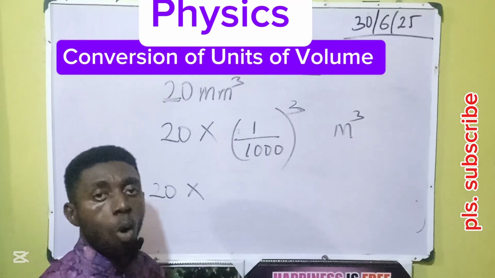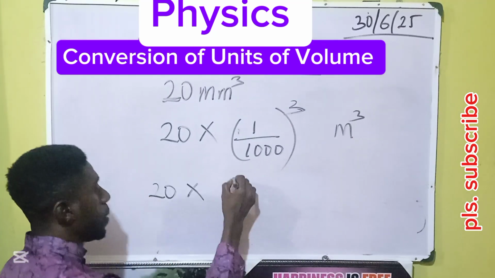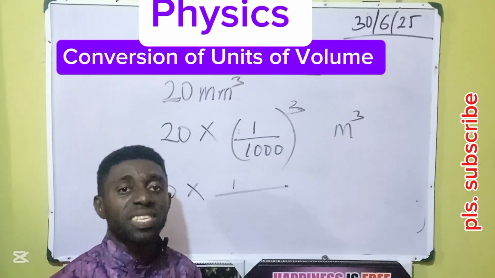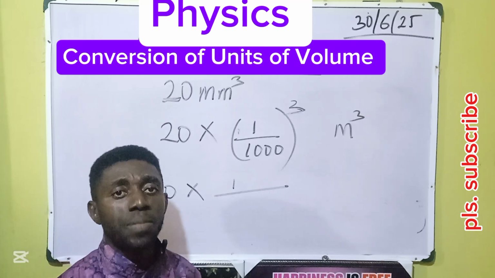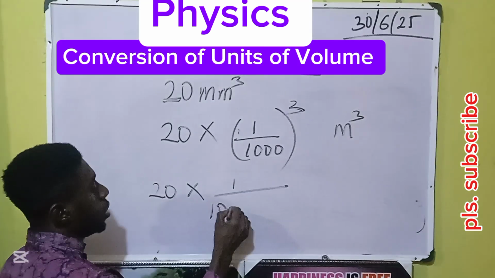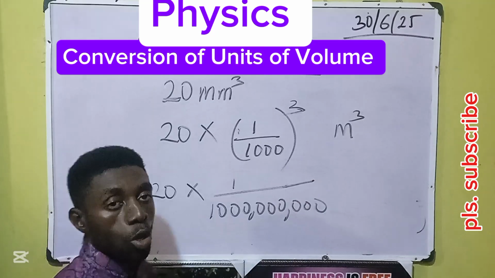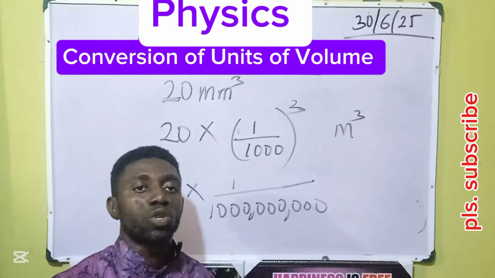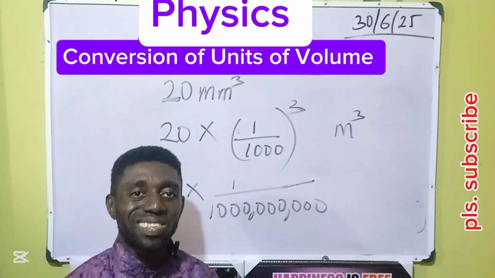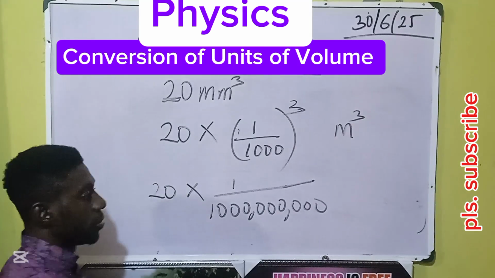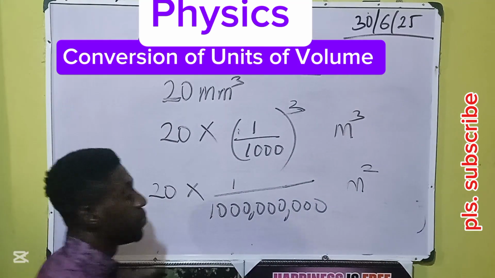We'll continue. 1 cube will give me 1. 1 times 1 times 1 is 1. 1,000 cube will be giving me 1 billion. 1,000 times 1,000 times 1,000. I will gather 9 zeros. 1 billion meter cube.